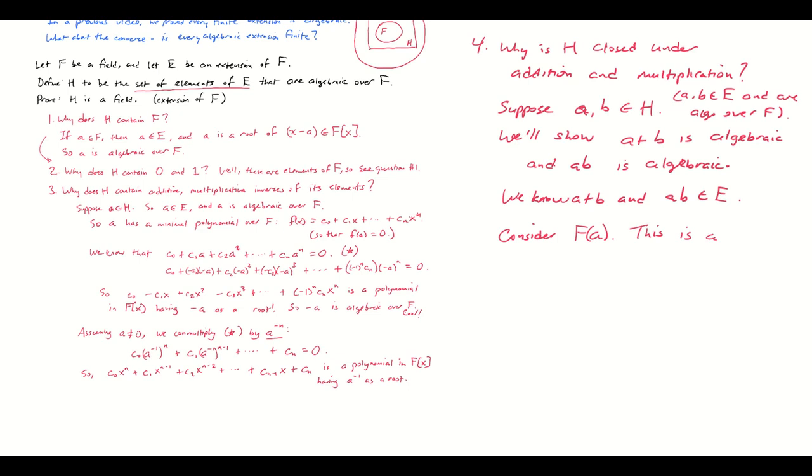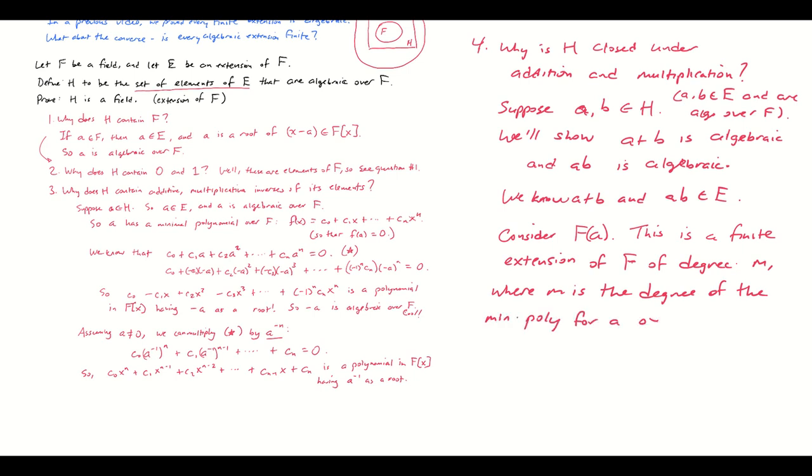This is a finite extension of F of degree m, where m is the degree of the minimal polynomial for a over F. All right, so now I'm going to consider F adjoin a and b.